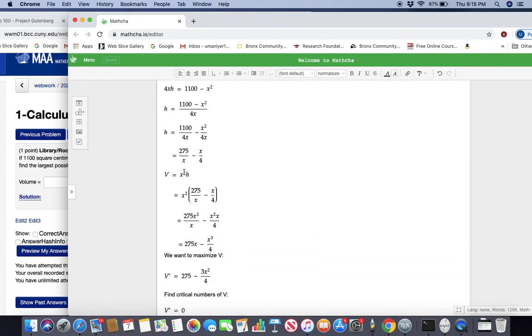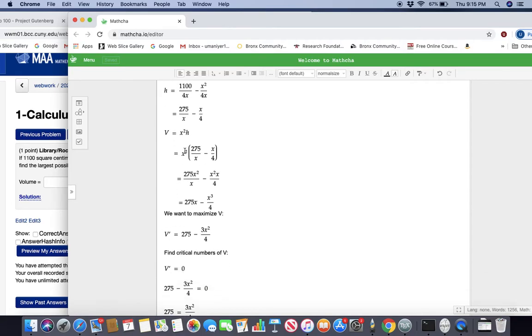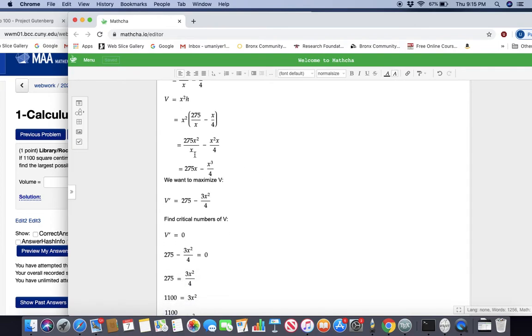Correct? So that h is now this expression. Distribute the x squared. x squared goes to the first term, x squared goes to the second term. Simplify. This x cancels one of the x's. I get 275x minus x cubed over 4.